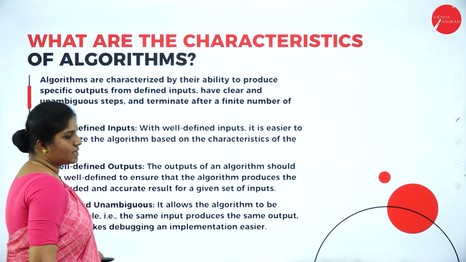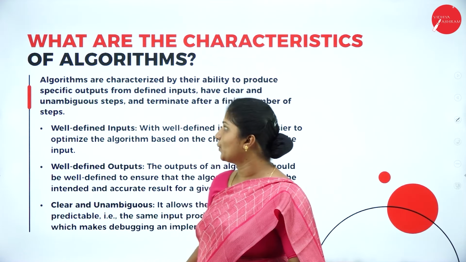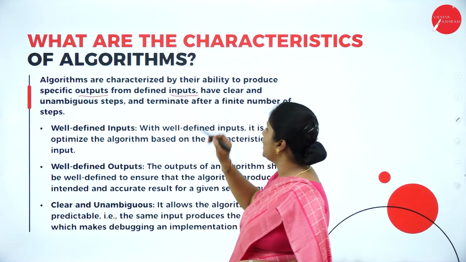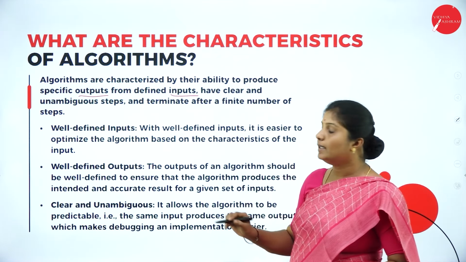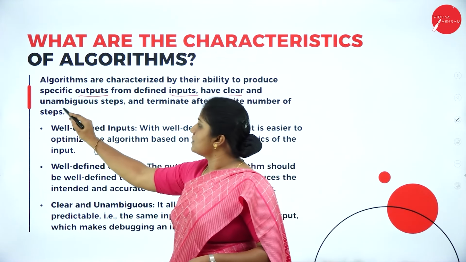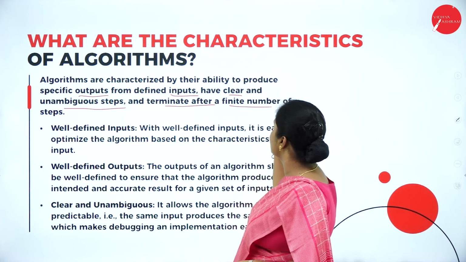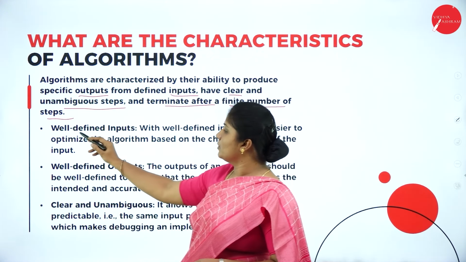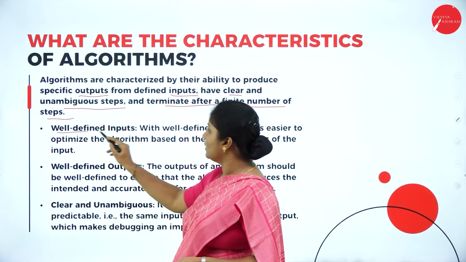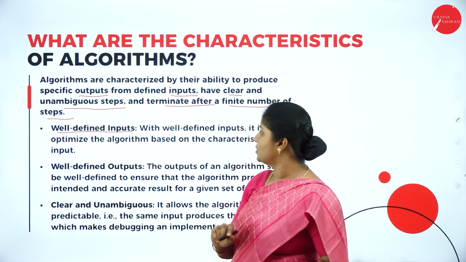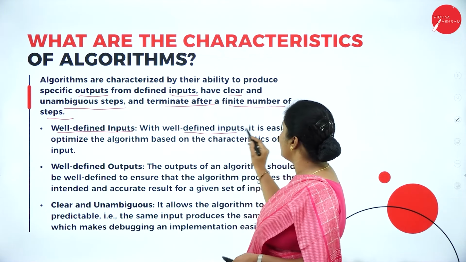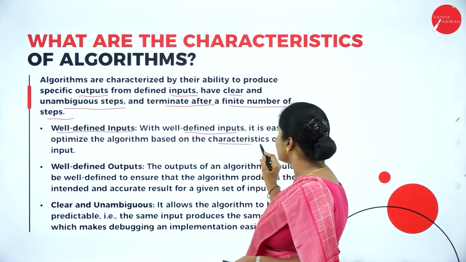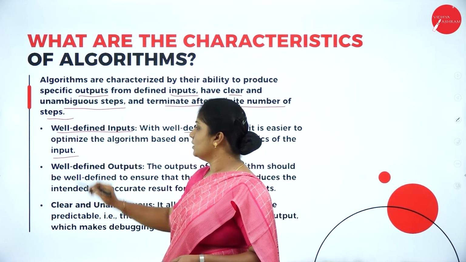Algorithms are characterized by their ability to produce specific outputs from defined inputs, with clear and unambiguous steps, and they terminate after a finite number of steps. Let us now discuss one by one. Well-defined inputs: with well-defined inputs, it is easier to optimize the algorithm based on the characteristics of the input.